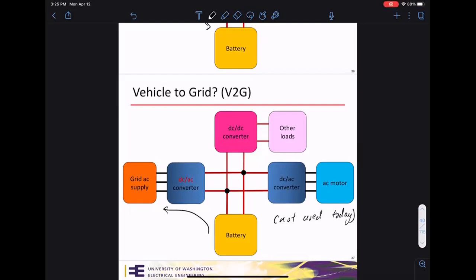We don't have a very good idea of compensating for the degradation of the battery. That is a lot harder to measure. The actual power pulled out of the battery is easy to measure, but how the battery actually degrades is an interesting and more difficult question.